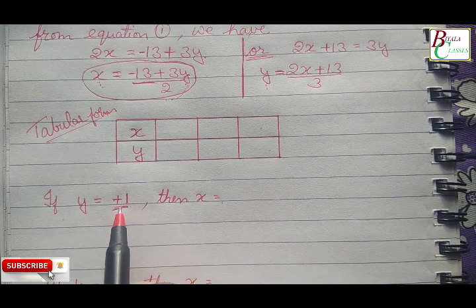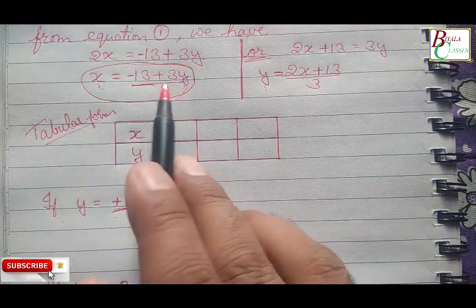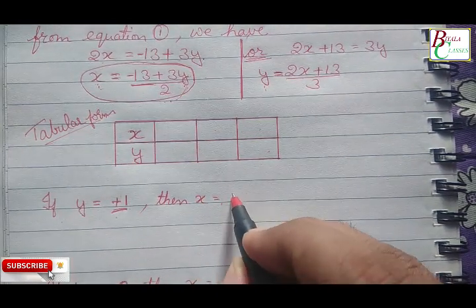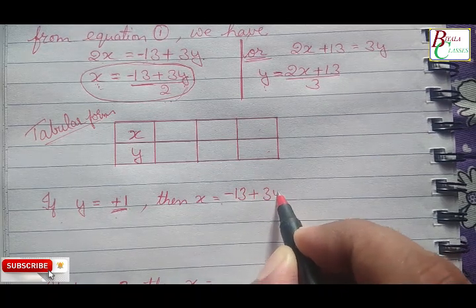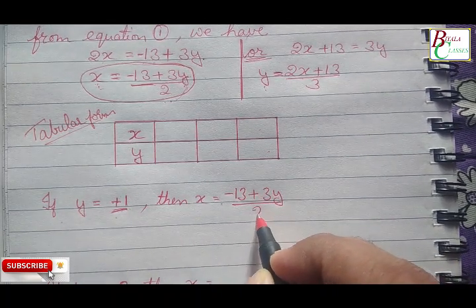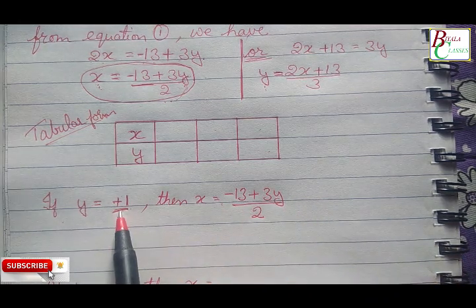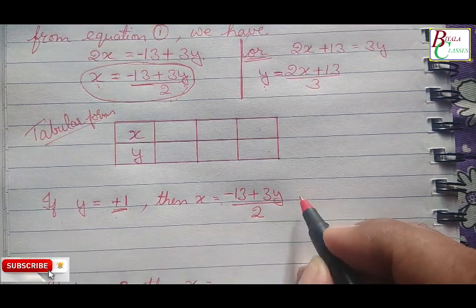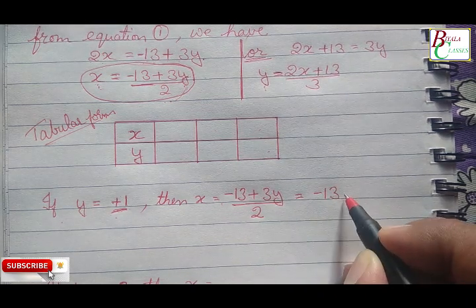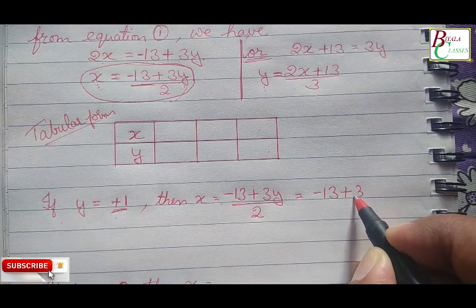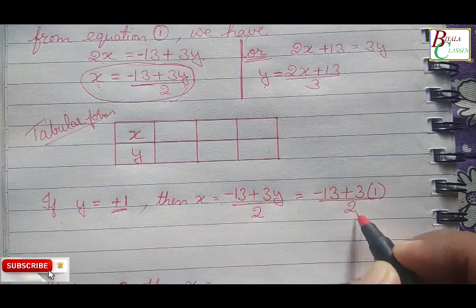Now taking y equals plus 1 in the relation which we have calculated, that is x equals (minus 13 plus 3y) upon 2, we substitute the value of y as 1. So it will be (minus 13 plus 3 multiply 1) upon 2.